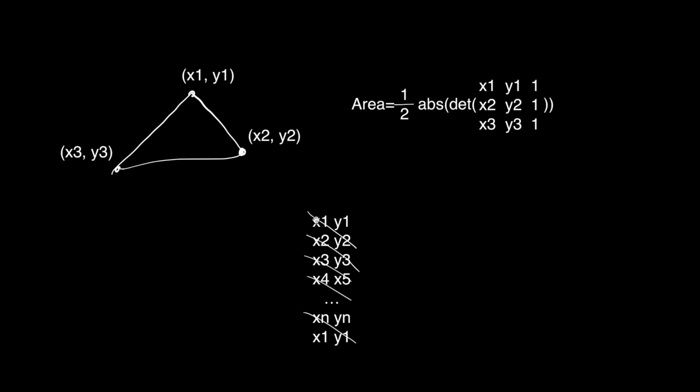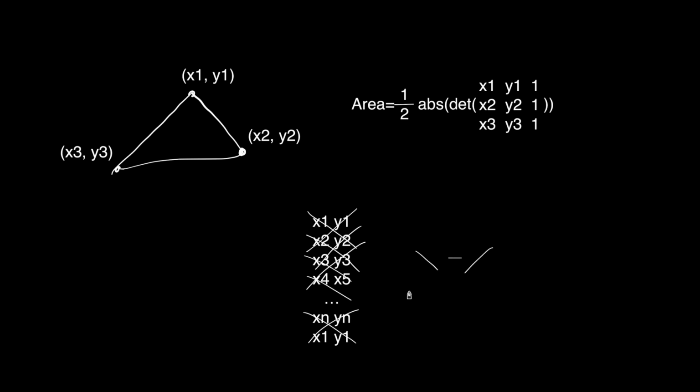So you add all of the products when you multiply going down right diagonally, and after that you find the sum of everything by going down left, and you basically do this minus this.